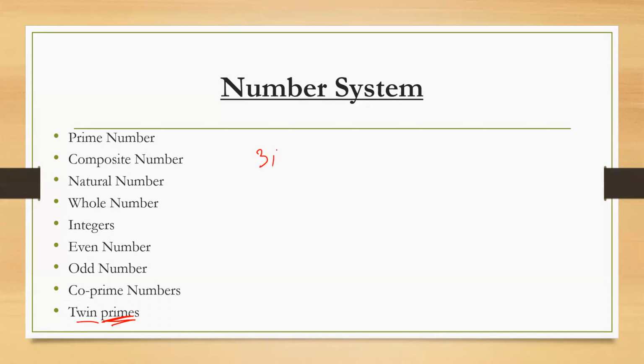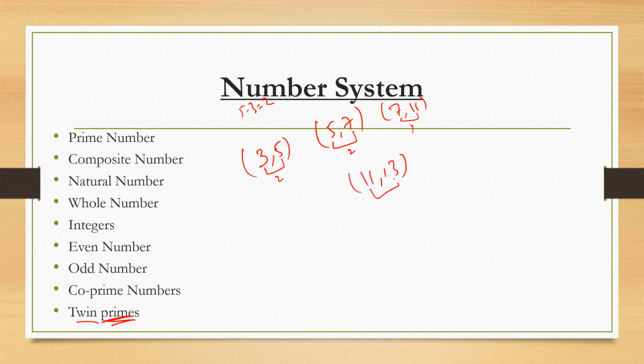For example, 3 and 5, they are prime numbers and their difference is what? 5 minus 3, it is 2. So when the difference is 2, we say it as twin prime. Similarly 5 and 7, the difference is again 2. Now 7 and 11 cannot be twin prime here because the difference is 4. So let's say 11 and 13, again the difference is 2.